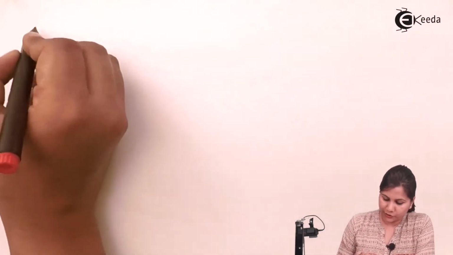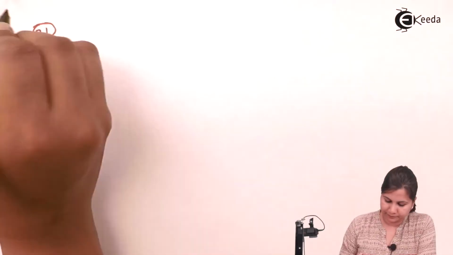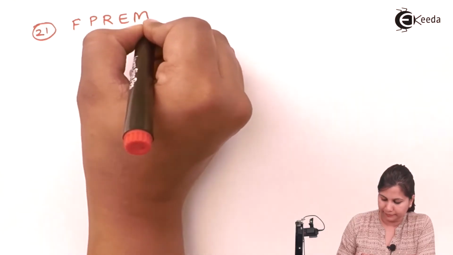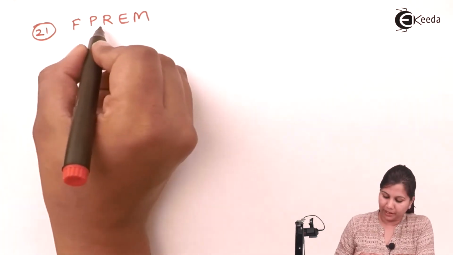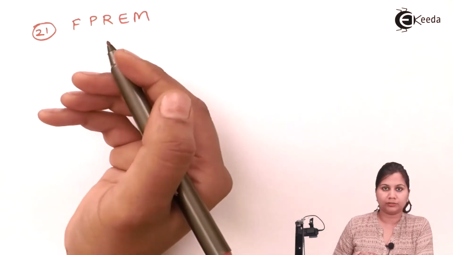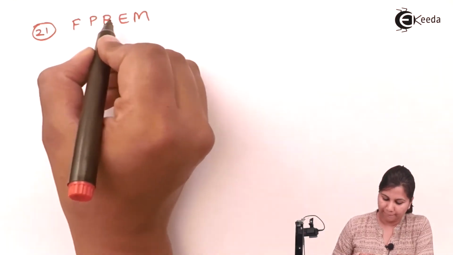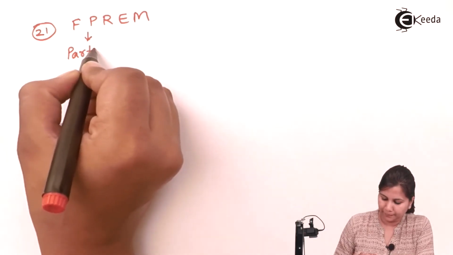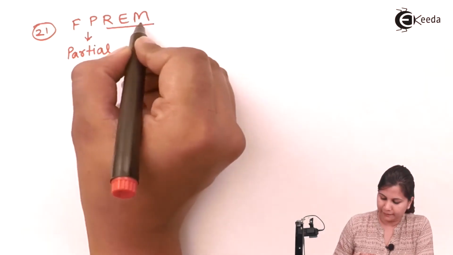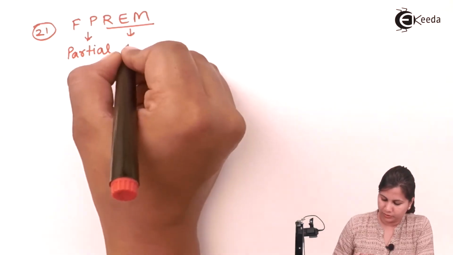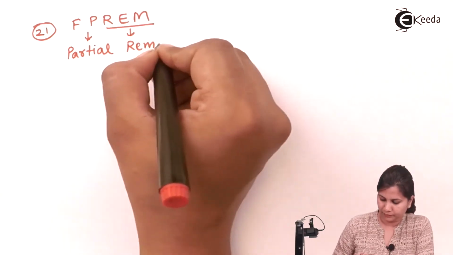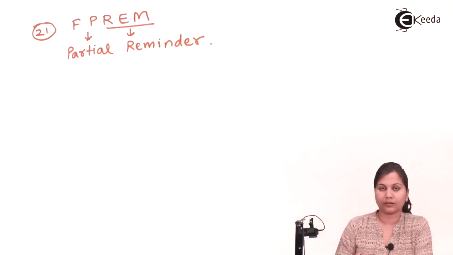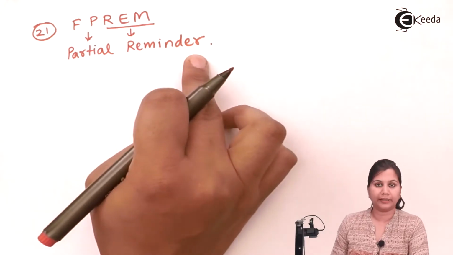Now the next instruction is FPREM. F is for the 8087 instruction. PREM means P is for partial and REM is for remainder. So, partial remainder.